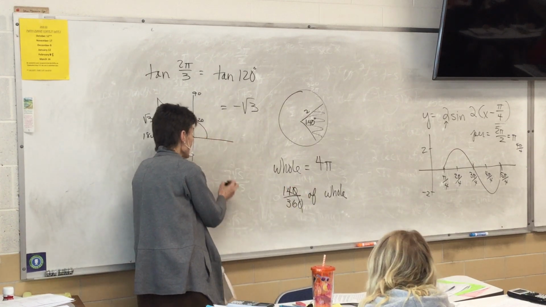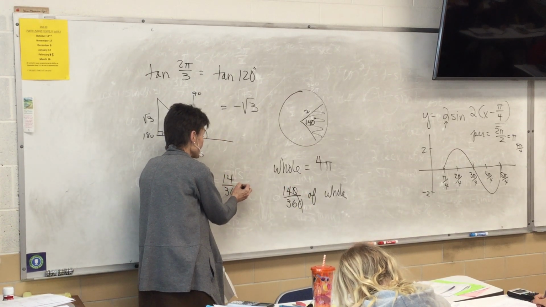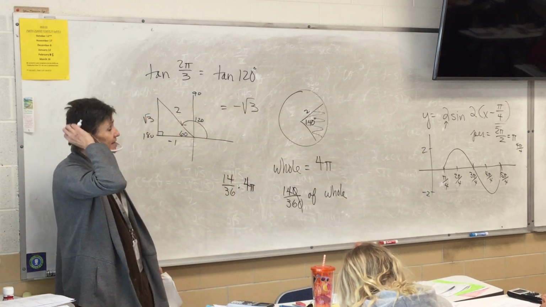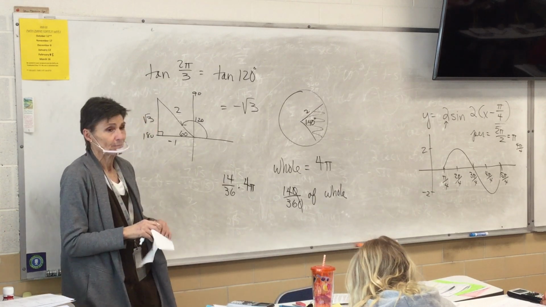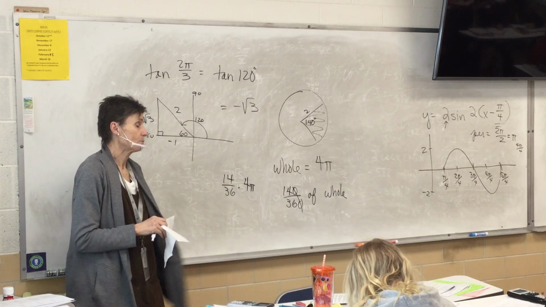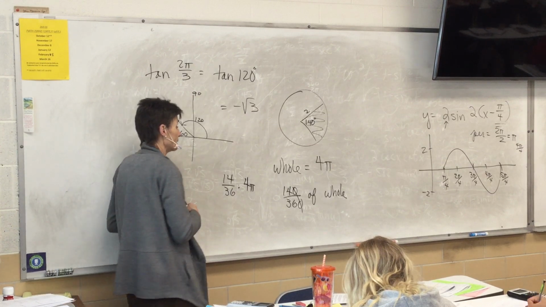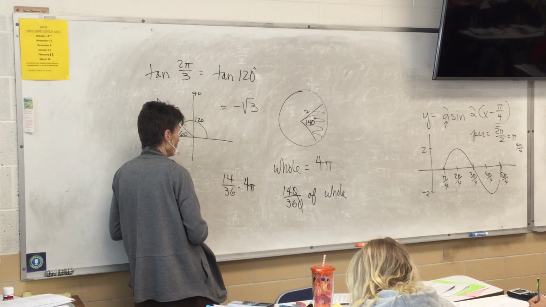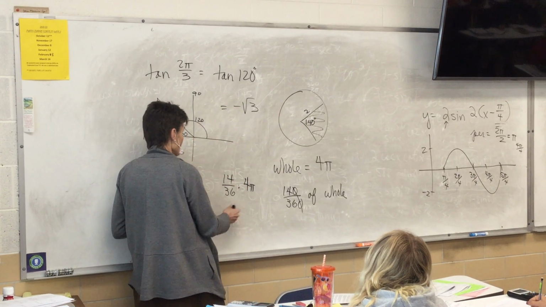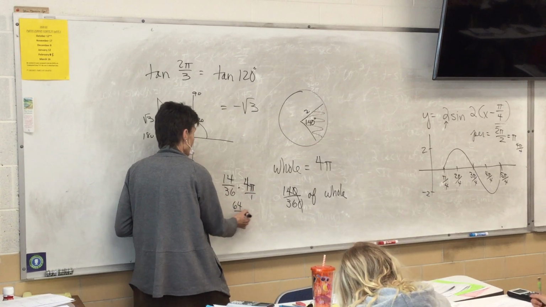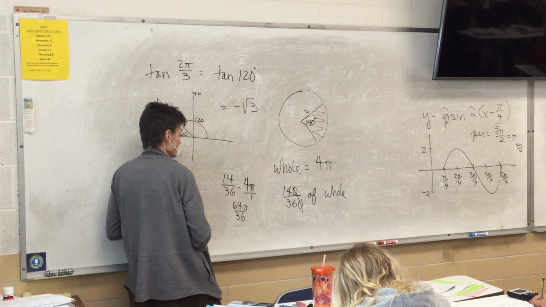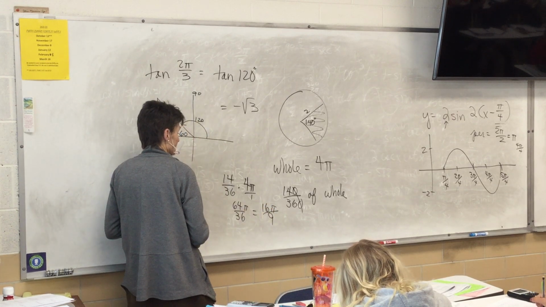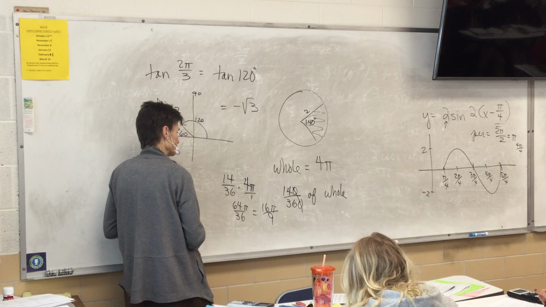I'm going to get rid of those. So I have 14/36 times 4 pi. That's the area of the piece that I want. The piece that I want is 140/360 of the whole, which I reduce to 14/36. It reduces even more if you want. So that's 64 pi over 36, which is 16 pi over 9, is that right?